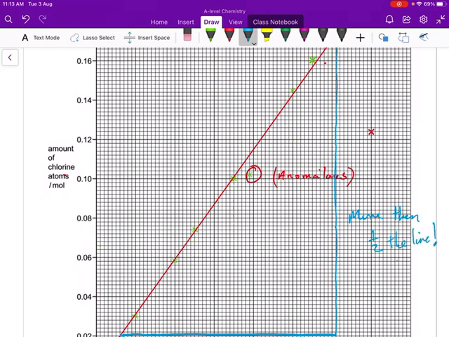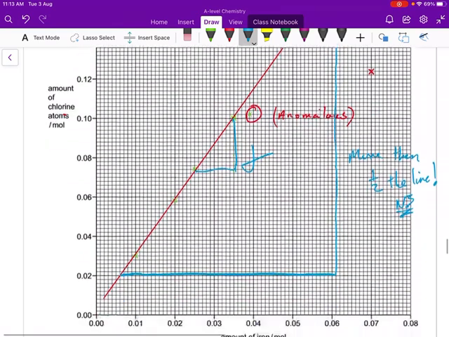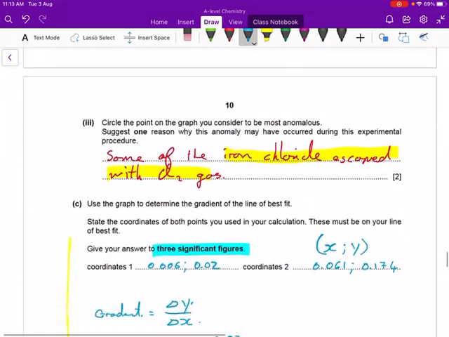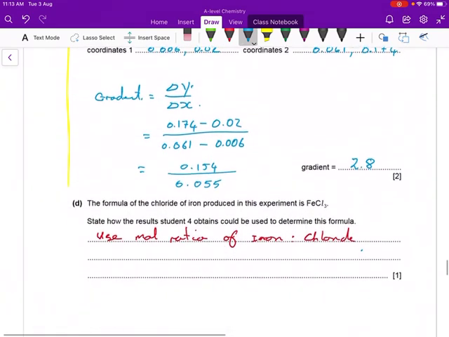This is NB. If you just took a little spot like that, you won't get any marks for that gradient calculation. It's 2 marks that you're throwing away, so please remember that. And then you get your gradient.